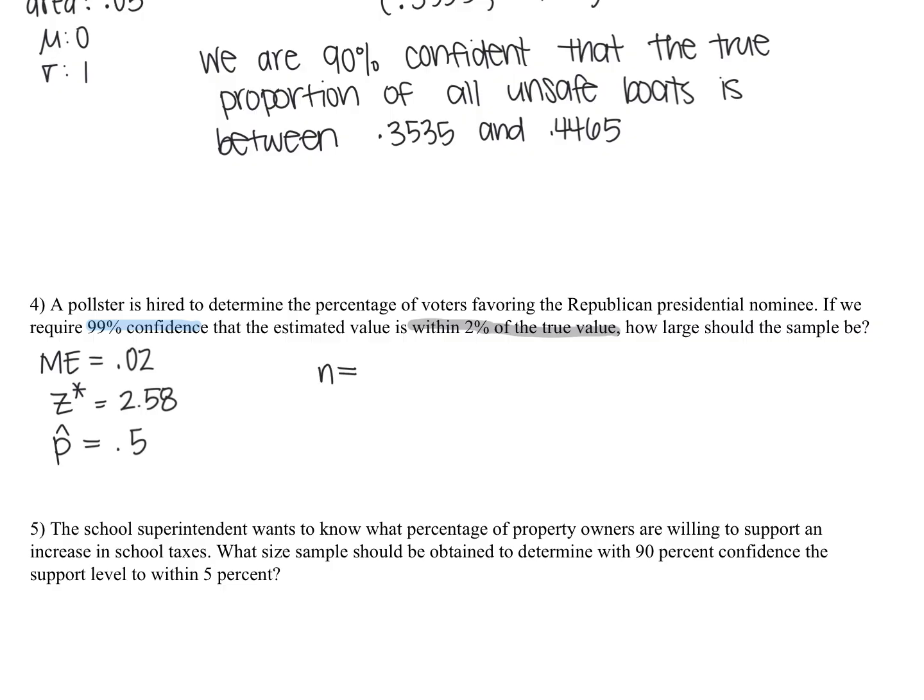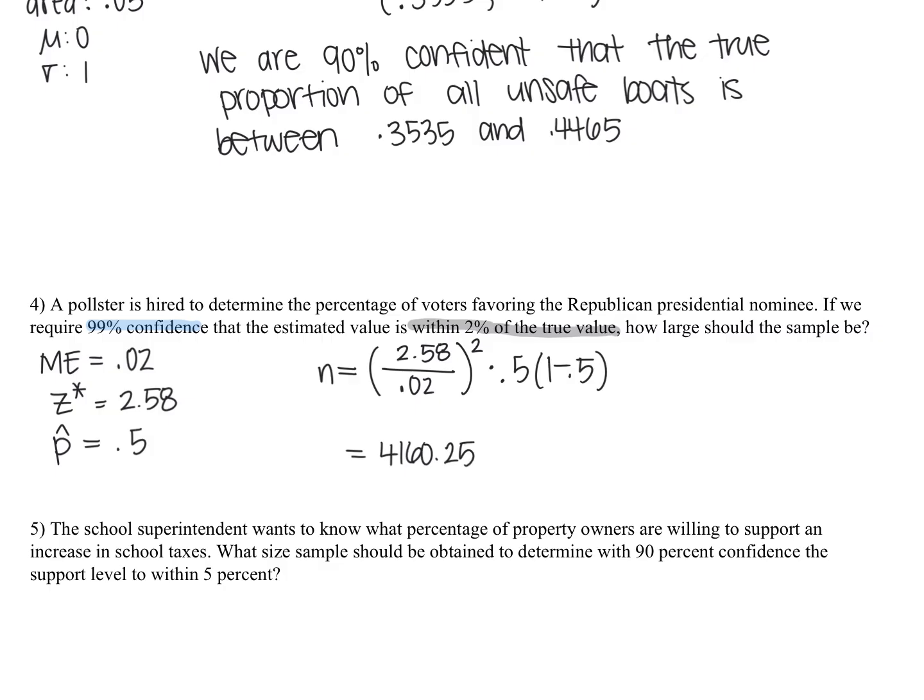So when I plug it into the formula, I do the critical value, 2.58, divided by the margin of error, 0.02, and then squared, times p-hat, which is 0.5, and then 1 minus p-hat. Literally just plug that into a calculator. You get 4160.25.